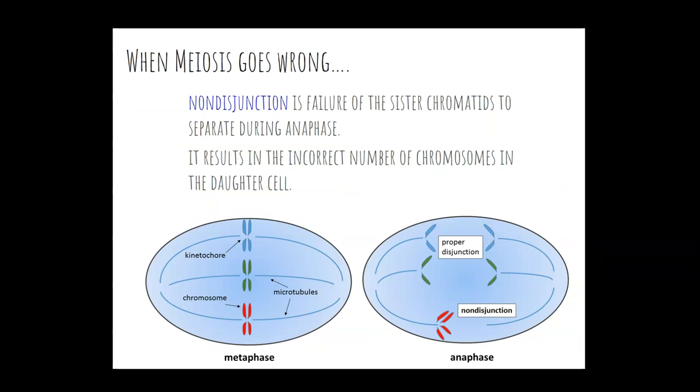Meiosis can sometimes go wrong. What if you don't end up with separation during metaphase? What if the chromosomes don't pull apart properly? That's called non-disjunction, and it results in the wrong number of chromosomes being in the daughter cell.